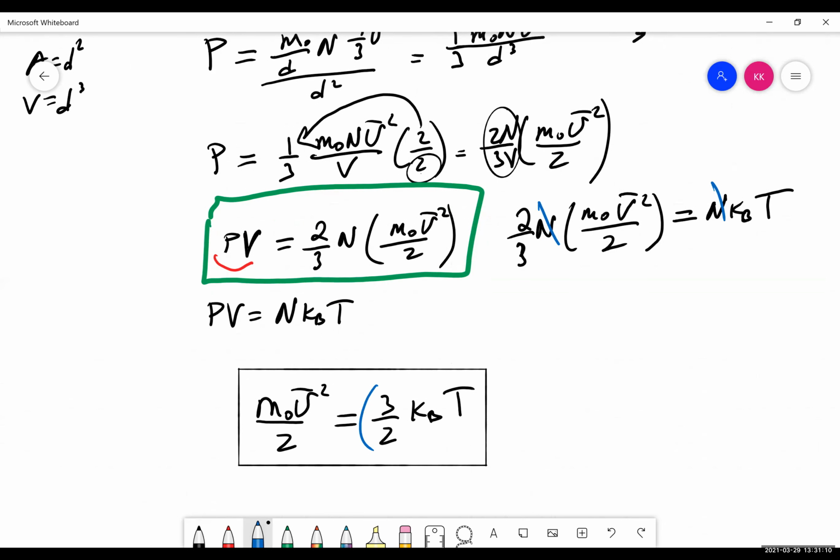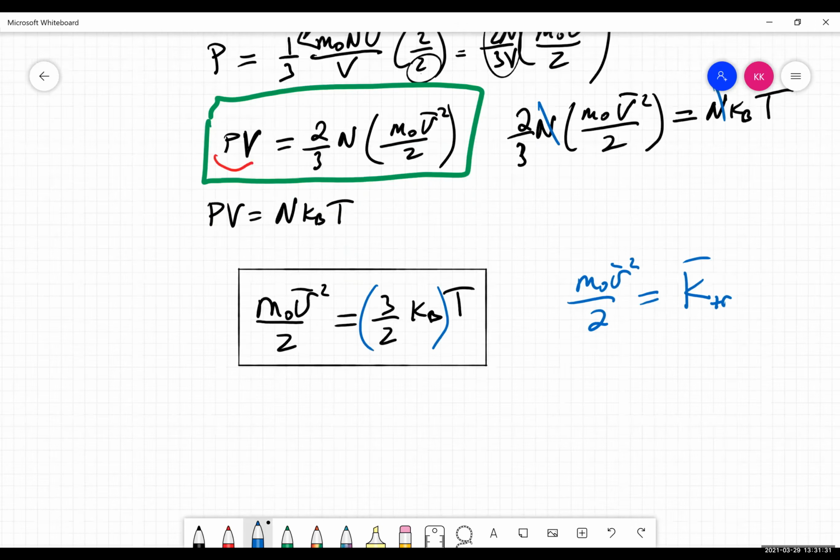Remember, 3 halves KB is nothing but a constant. So this m naught V average square over 2 is then the average, what we call translational kinetic energy of the system, which means this is the kinetic energy per number of molecules that we have.